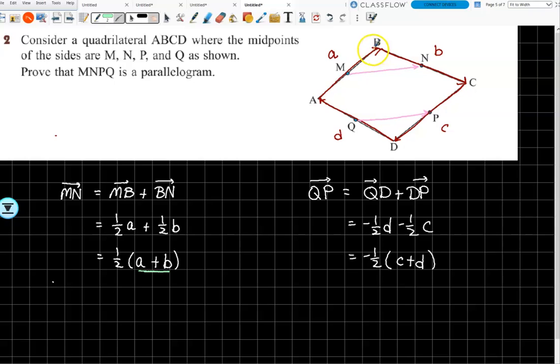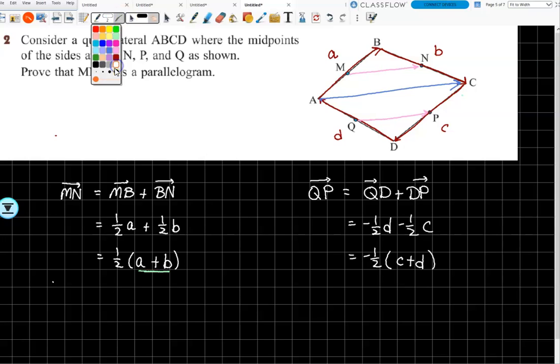I don't want to introduce another colour, but I'm going to. A plus B is in fact AC. What is C plus D? Are they not the same? How clever was that?